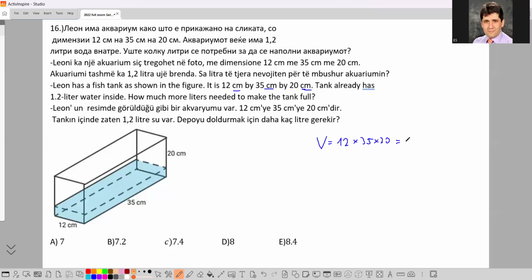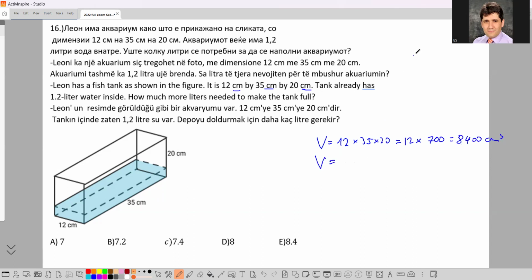Yes, indeed, those are. So it will be 12 times 700. That would be 8400 centimeters cubed. But if you read the question, it says the tank has already 1.2 liters. How much more liters? So we want to convert it into liters.